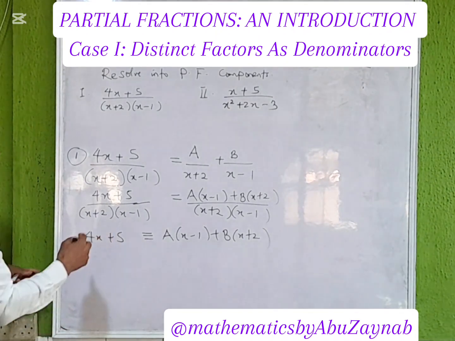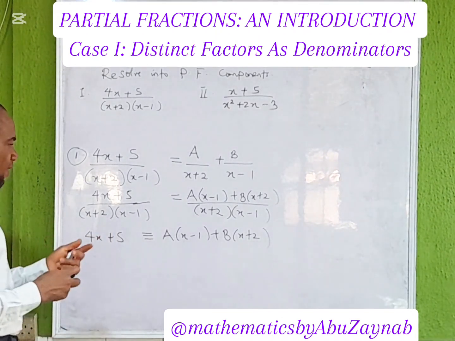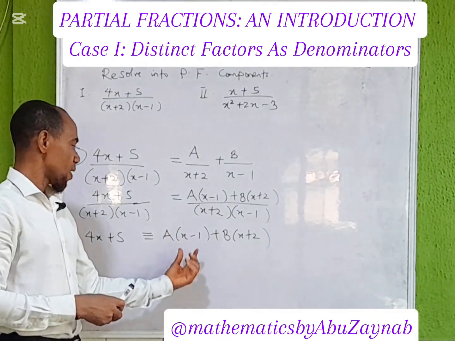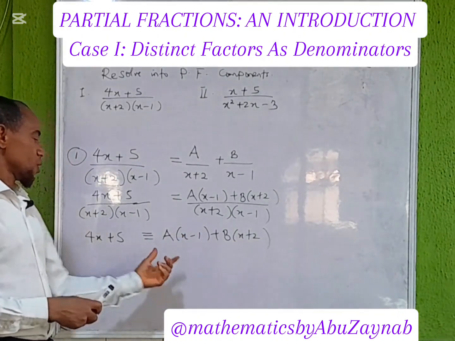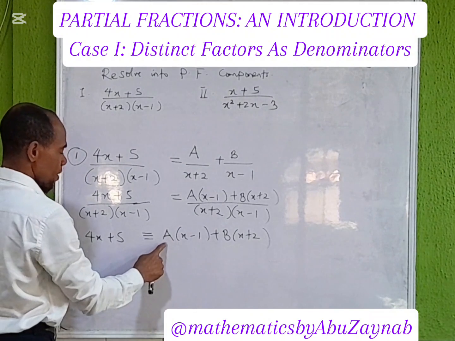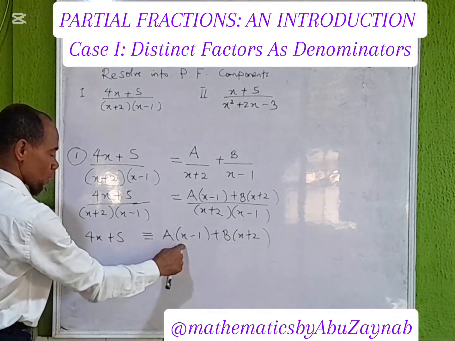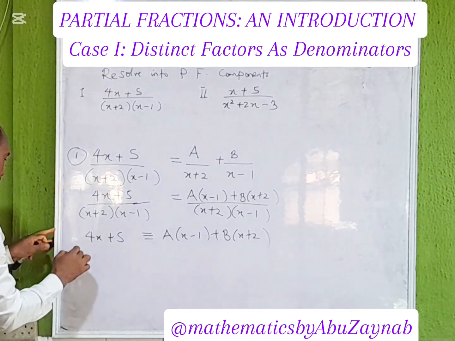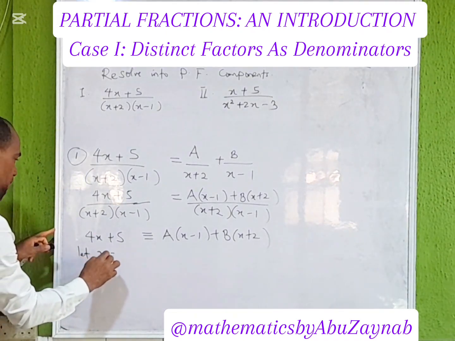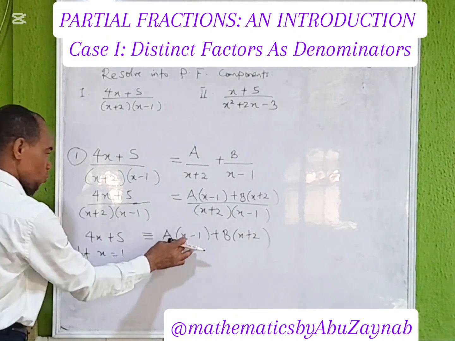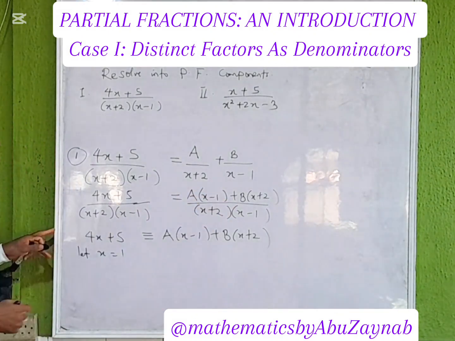Now, cover-up method basically means at a point in time, we are going to nullify each of these brackets. So to make this bracket become 0, we use the additive inverse of minus 1, which is plus 1. So I'm going to say, let x be 1. So once x is 1, I'm going to substitute 1 into all the values of x.